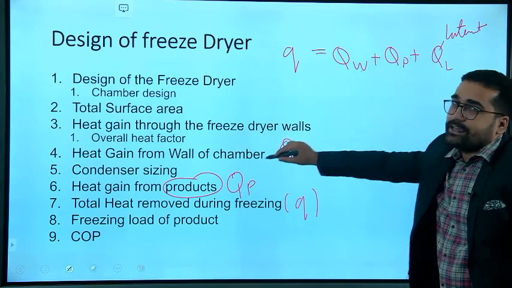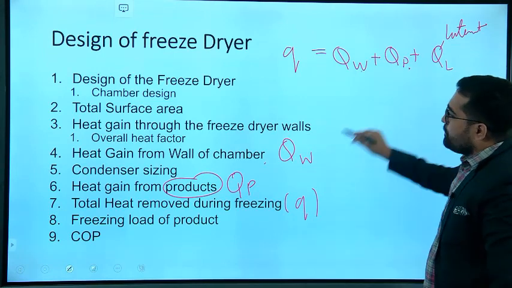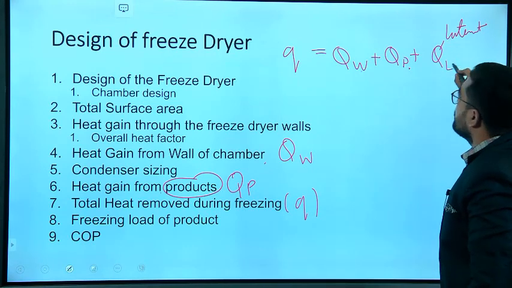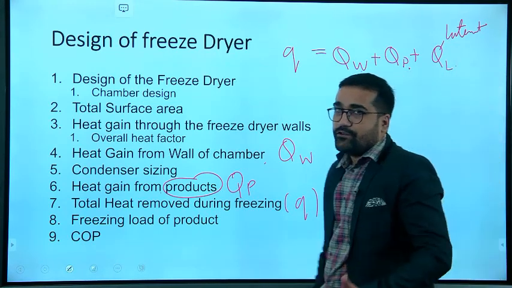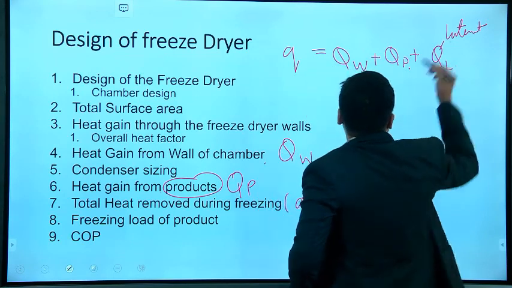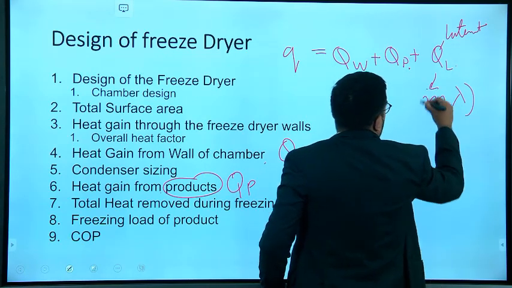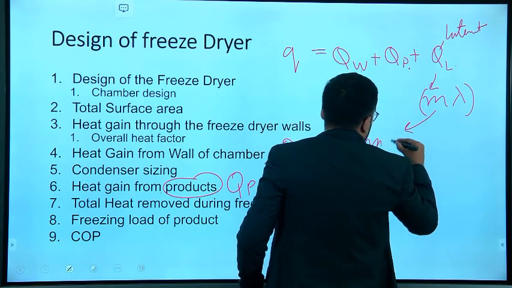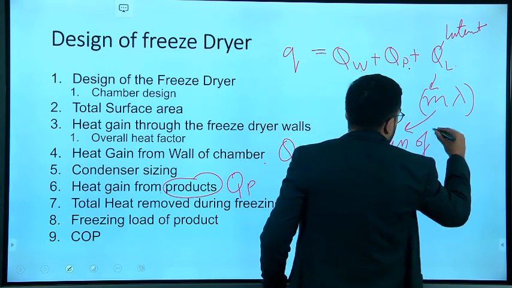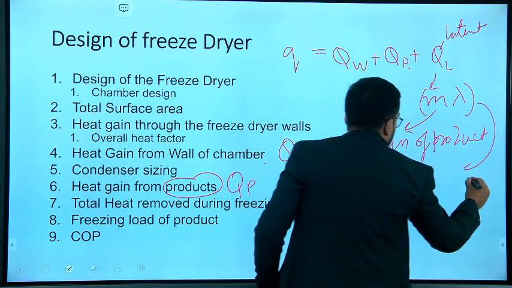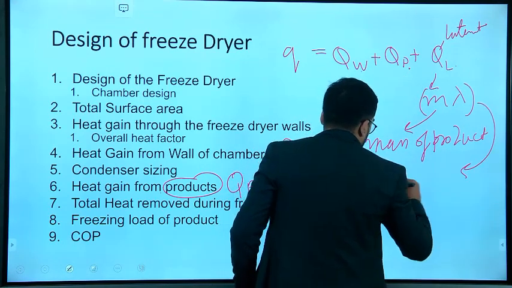QW is the heat gain from the wall, QP is the heat gain from the produce or the product, QL will be the latent heat of the product, which is generally given by M into lambda, where M is the mass of the product and lambda is the latent heat.